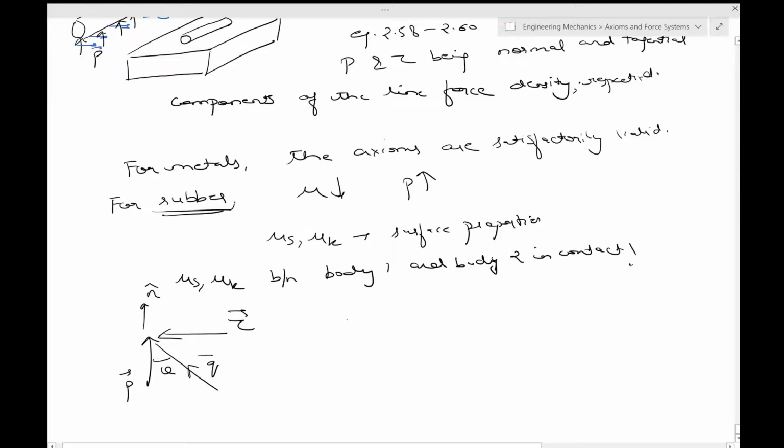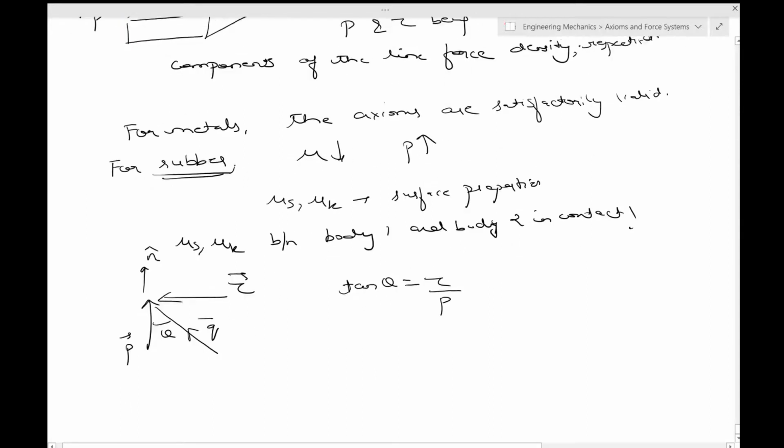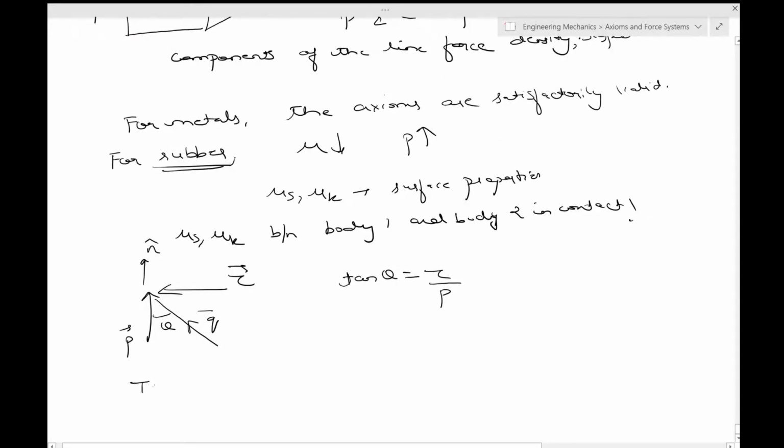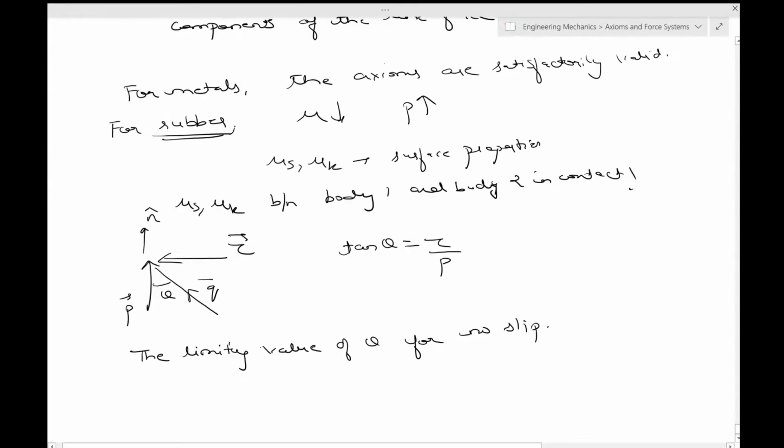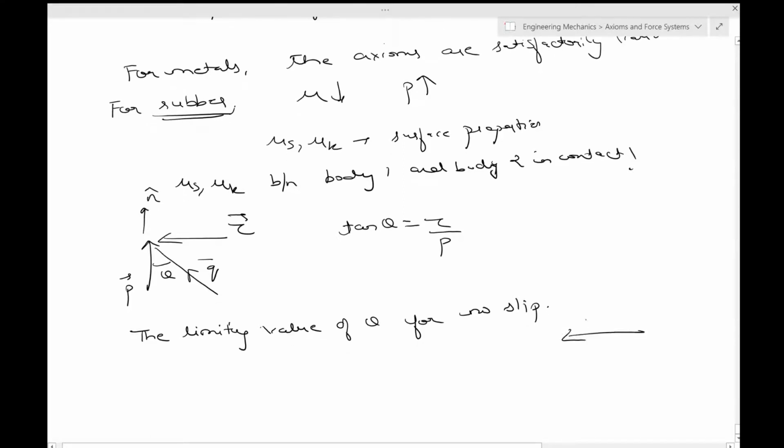So this tan theta will be equal to tau by P, the magnitudes only. And the limiting value of theta for no slip. For example, you want to say that tau is equal to mu s p.